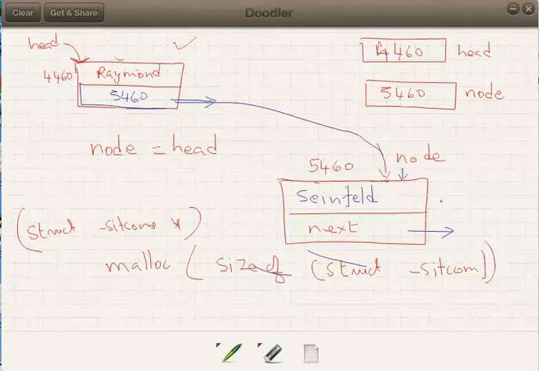Now look at a couple of observations you need to know. This 5460, who are all watching it now? Can you tell me how many variables have this address 5460? One is node, the other is head dot next, right?